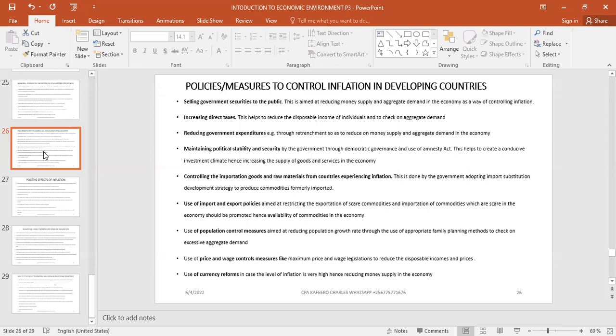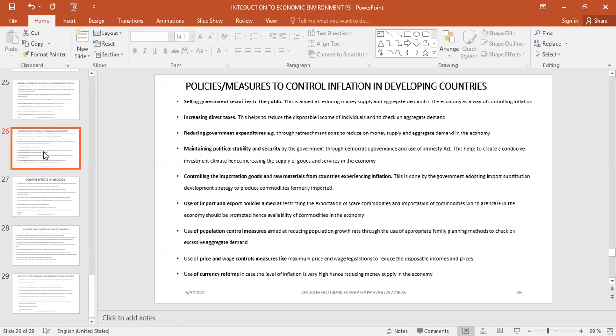Then reducing government expenditures. You don't give out money to the public. When you reduce that, you are reducing the money supply in the economy. Maintaining political stability and security.